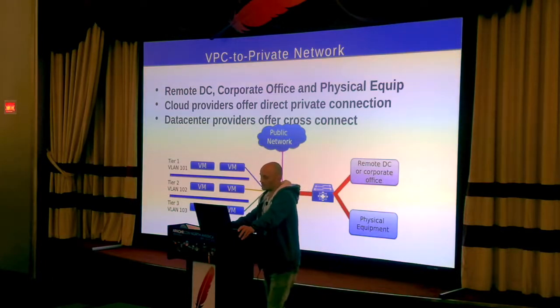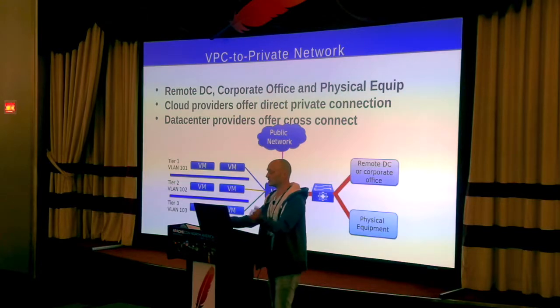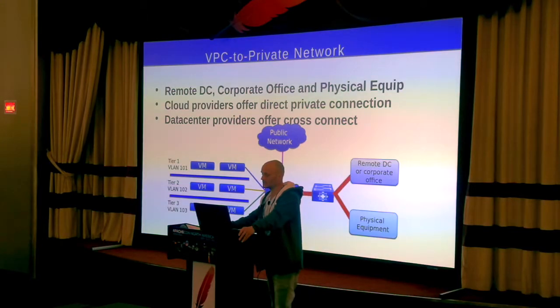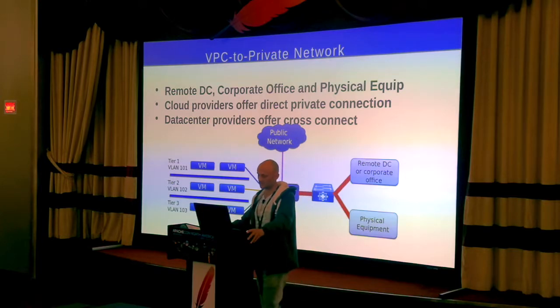So what cloud providers do is they can offer that direct private connection, and then via the co-location facilities, the data center providers can go ahead and do the physical wiring and offer a cross-connect from the cloud provider to the customer's rented facilities in the DC.